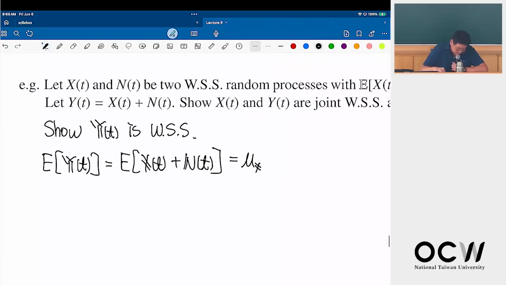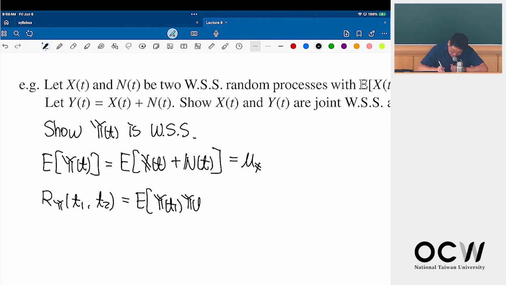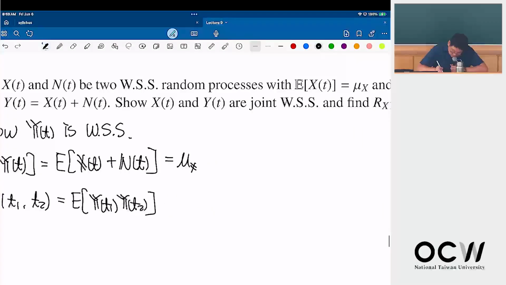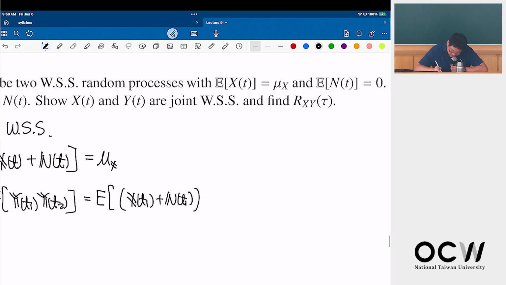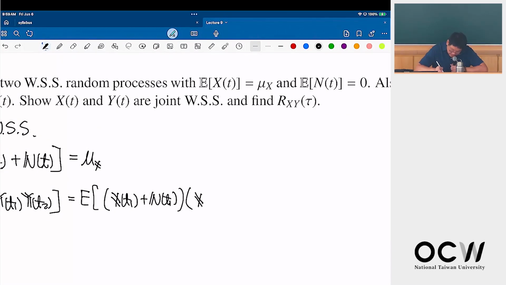How about the autocorrelation? Let's say T1, T2. Then we have y T1 times y T2. For y T1, that's x T1 plus n T1, times x T2 plus n T2.